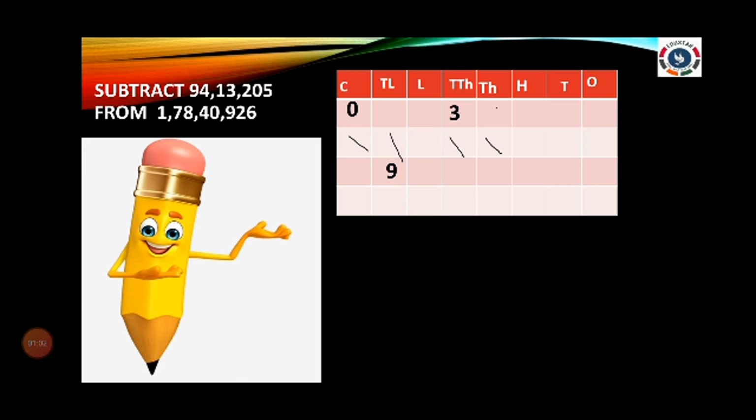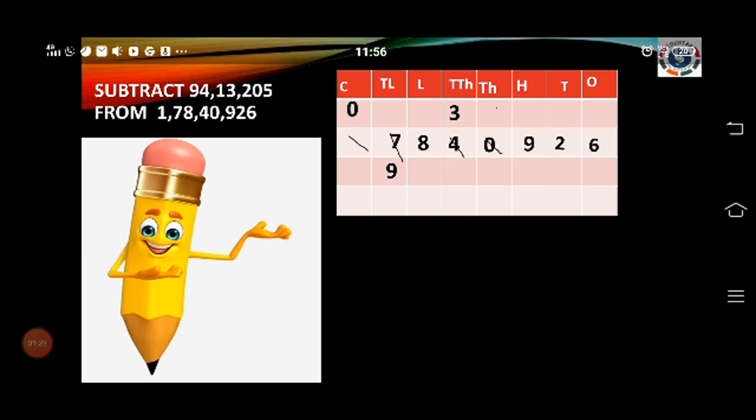Okay, so now I am going to fill in the biggest number first. Start from the ones place, then move to the higher place values. What is given in the ones? 6. 6 in ones, 2 in tens, 9 in hundreds, 0 in thousands, 4 in 10,000s, 8 in lakhs, 7 in 10 lakhs, 1 in crores.